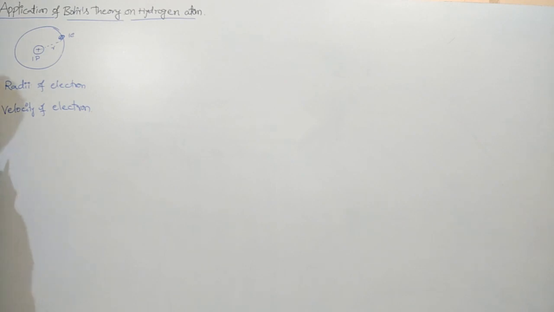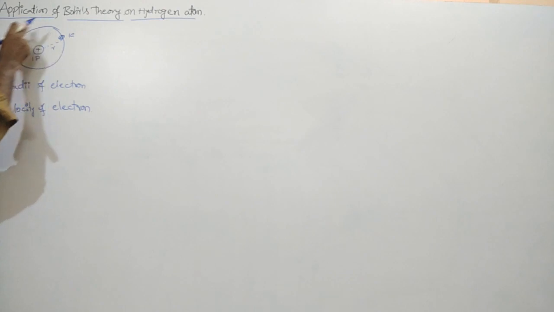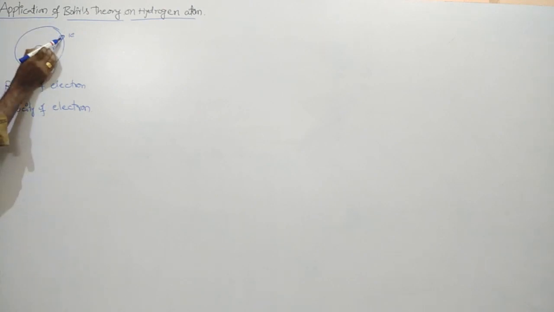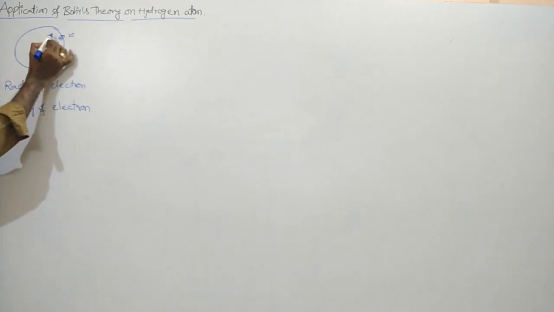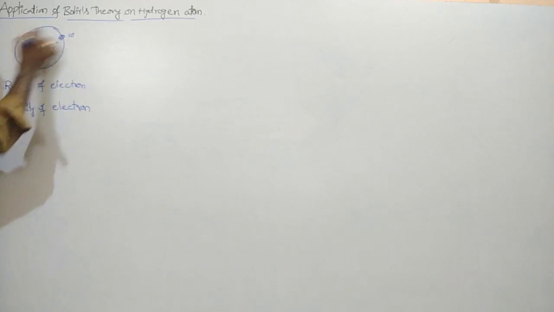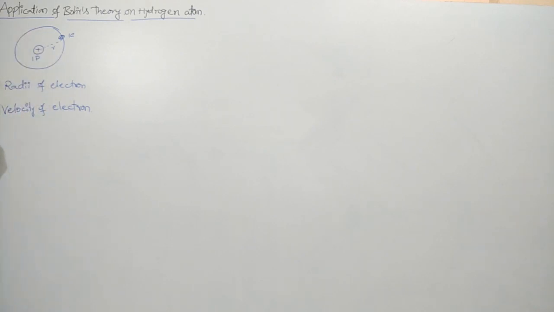When the electron is revolving, it will complete some rotations in a particular time in a particular orbit, so the time period can be found out.